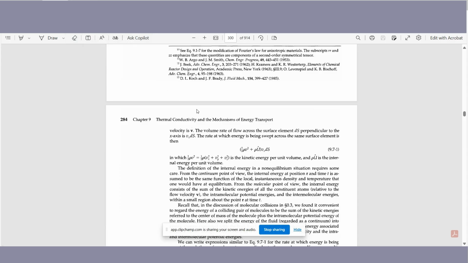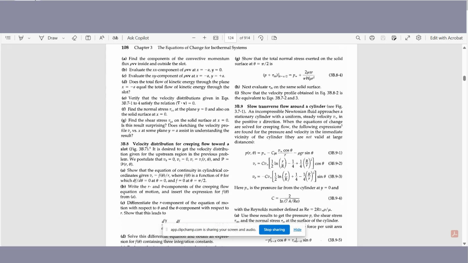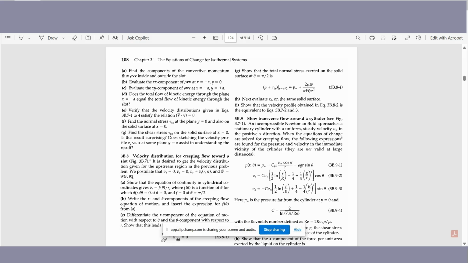You insert this into here, Vx dS, and then integrate that over the surface to get the total kinetic energy. It's asking for the total flow of kinetic energy, so that's why you're integrating over the surface.